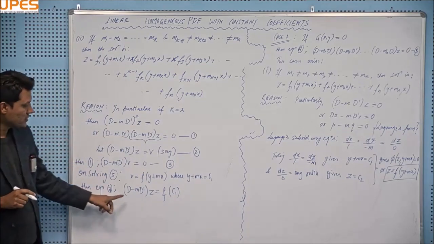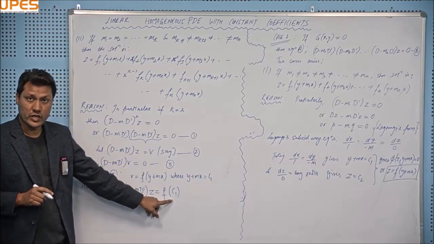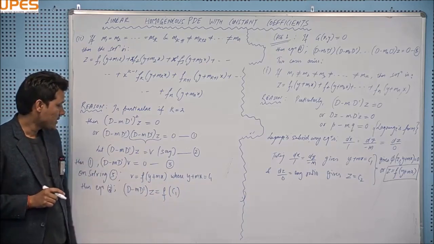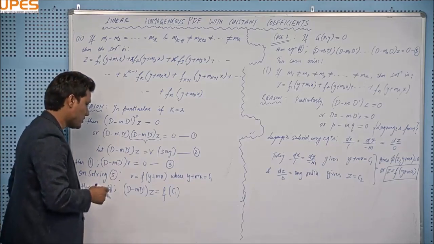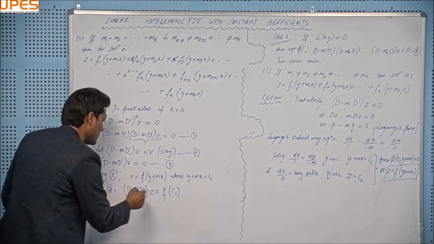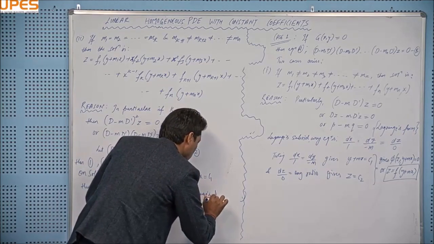Now again this is Lagrange's form Pp + Qq = R, but see this time the right-hand side is f(c1). If I solve this, this is Lagrange's form again.